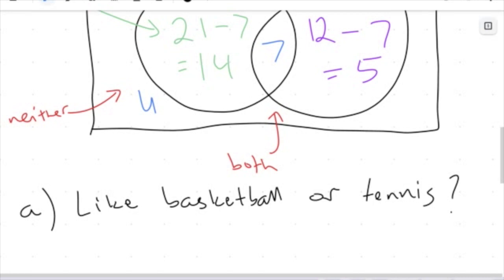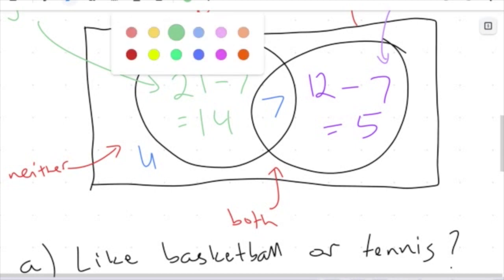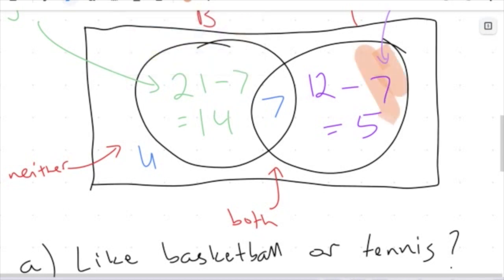Basketball or tennis, what this or means is that it can be basketball, tennis, or both. So I'm looking at the entire space here, because the people that like both still like basketball or tennis.